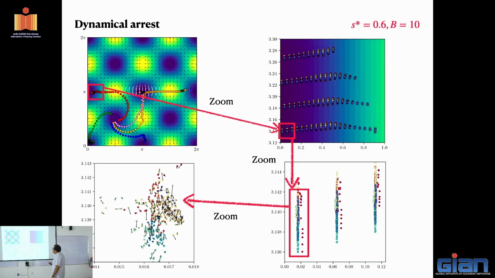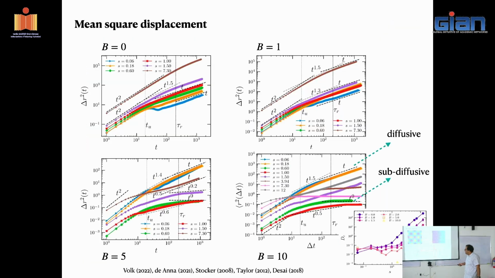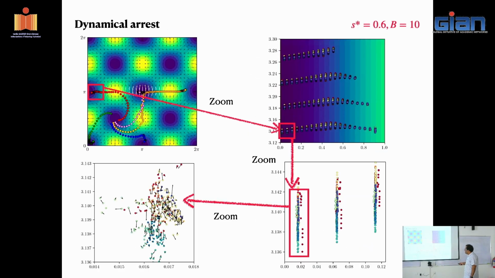This pseudo color plot is the magnitude of the velocity field, the flow field, and the arrows are simply giving you the direction and the strength of the concentration gradient. So you see they come out and get stuck, and this is giving a sense of the distance between these points. So there is a slowdown here. If I zoom here, this is how it looks. If I zoom further, this is how it looks, and if I zoom further, it looks like this.